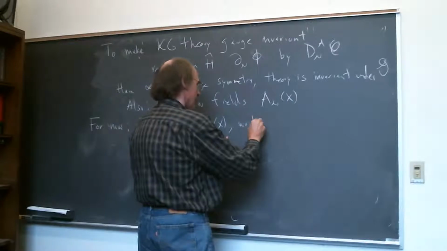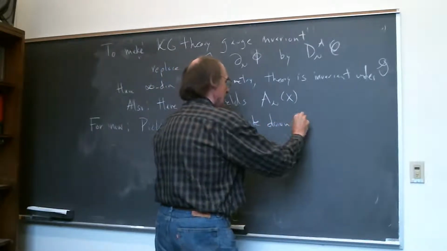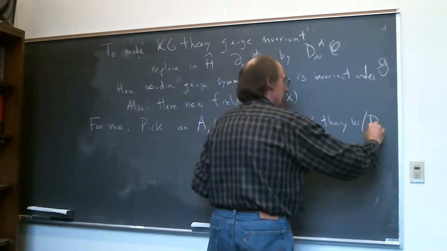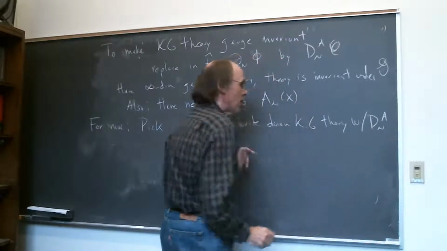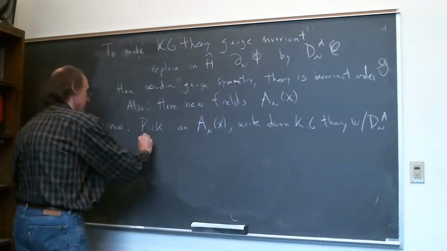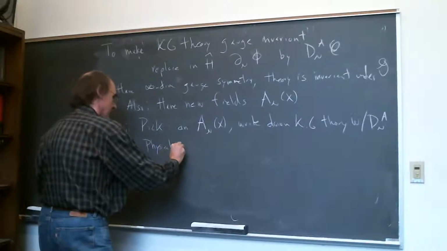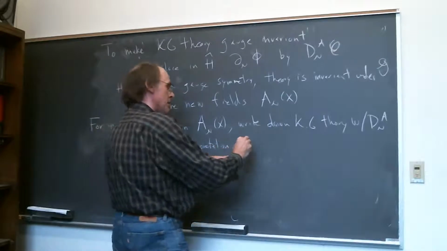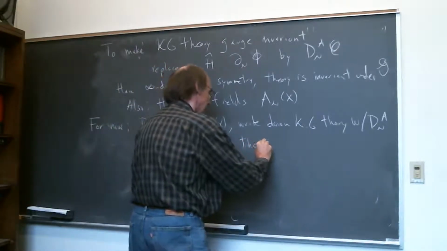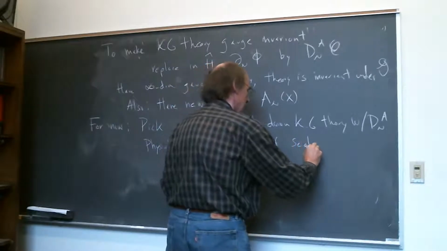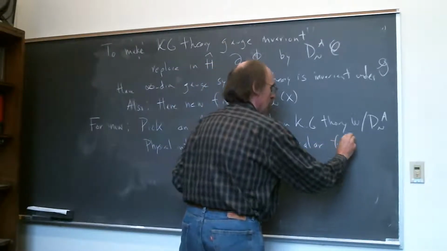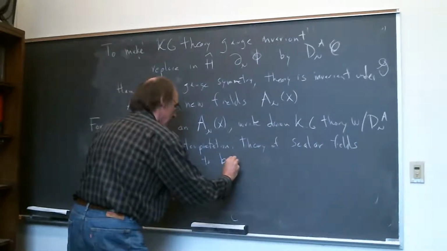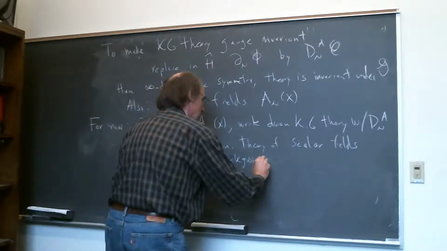and what's going to happen is that you then couple, then write down the gauge theory with D_mu A, and the physical interpretation is going to be a theory of scalar fields coupled to a background electromagnetic field.